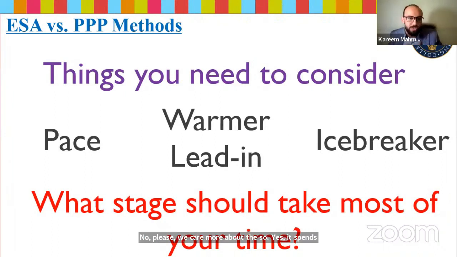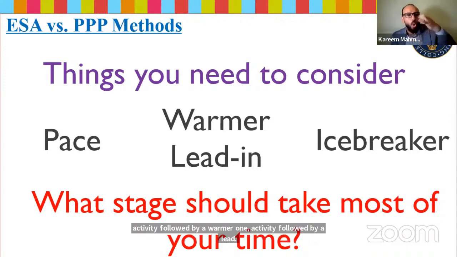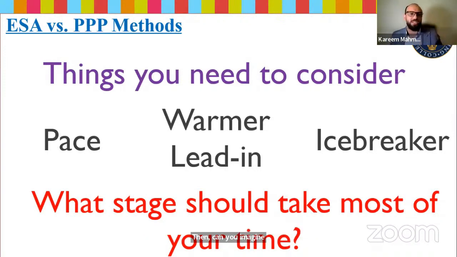I have seen teachers who do an icebreaker, one activity, followed by a warmer, one activity, followed by a lead-in. Can you imagine? Three activities only at the beginning of the lesson. For what? You can do the warmer and lead-in together. If I'm meeting Ron for the first time, I could do an icebreaker.